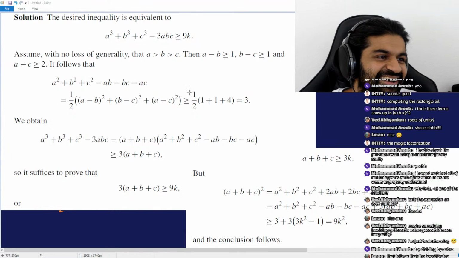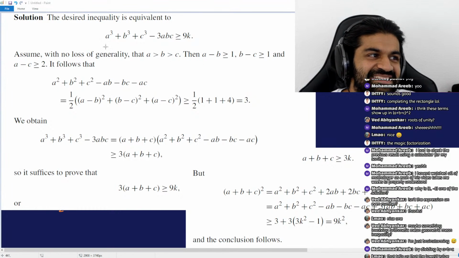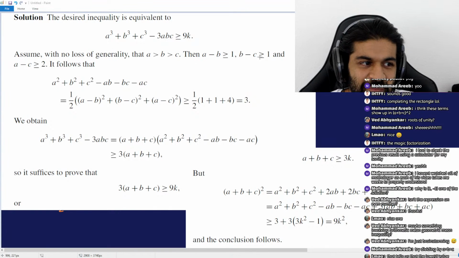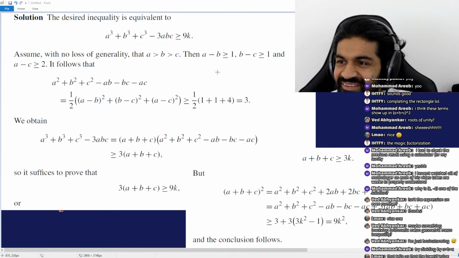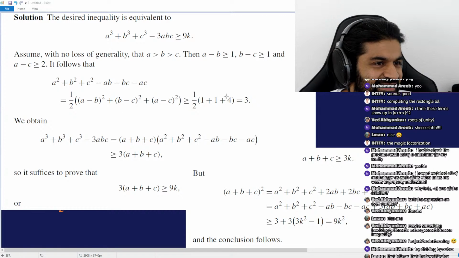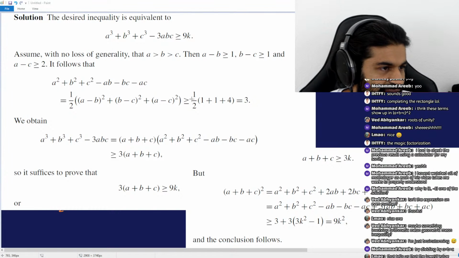Do you see that? If you look at A, B, and C, then at least one pair of A, B, and C must be at least 2 apart, right? So that tells you that this quantity is at least 3.